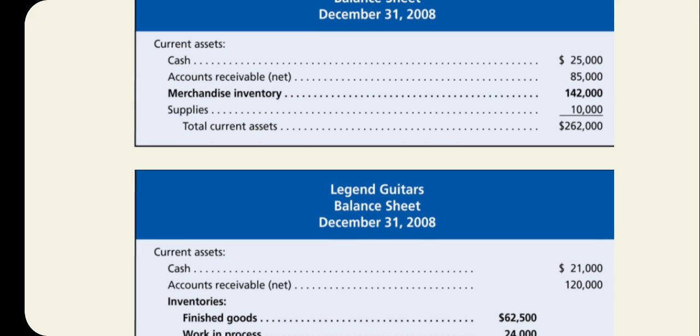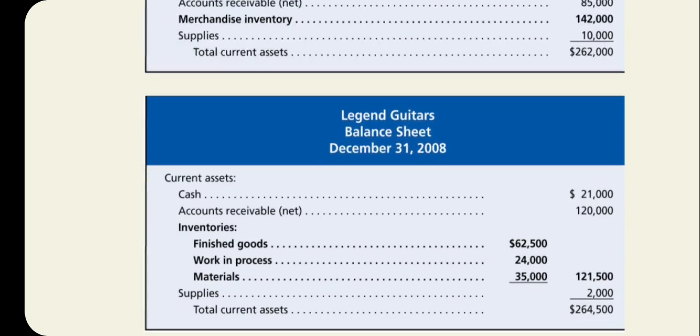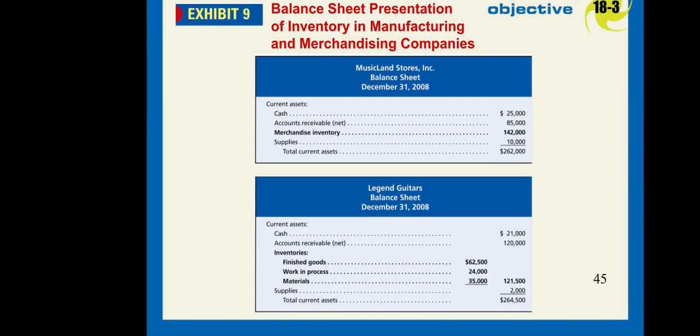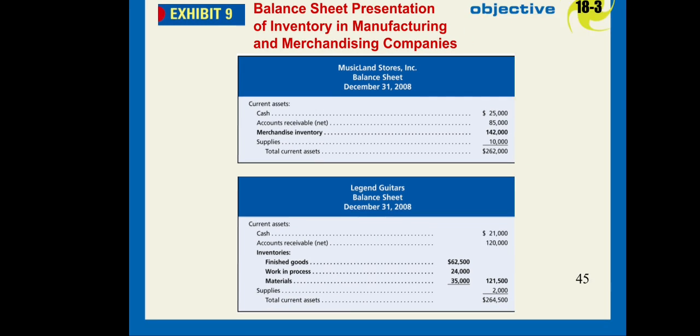Maybe the inventories are called merchandise inventories. But if you look at a manufacturing business balance sheet, you will see that the business has three types of inventories: finished goods inventories, work in process inventories, and raw material inventories. I have explained this in a previous lecture.